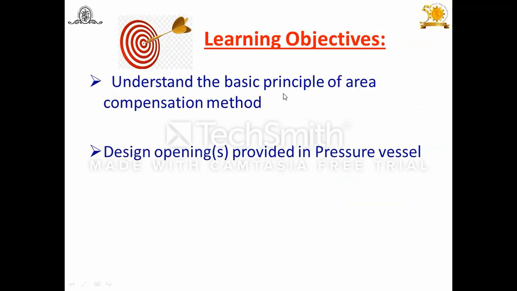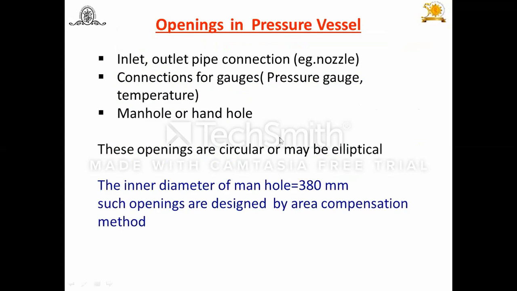Before starting the principle of area compensation method and design of openings provided in pressure vessel, why openings are used in pressure vessel is important. In a pressure vessel, you will find inlets, outlets or pipe connections provided to take out the gas or the liquid from the vessel.